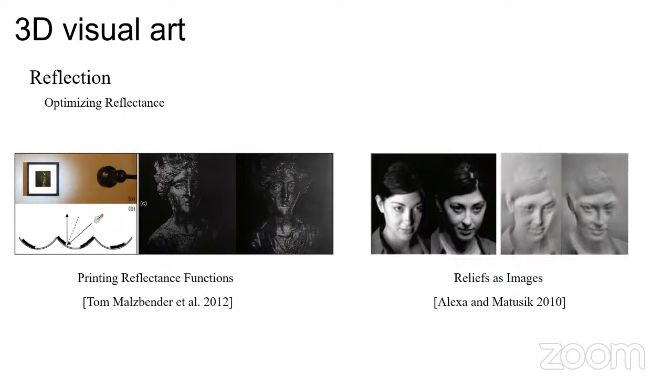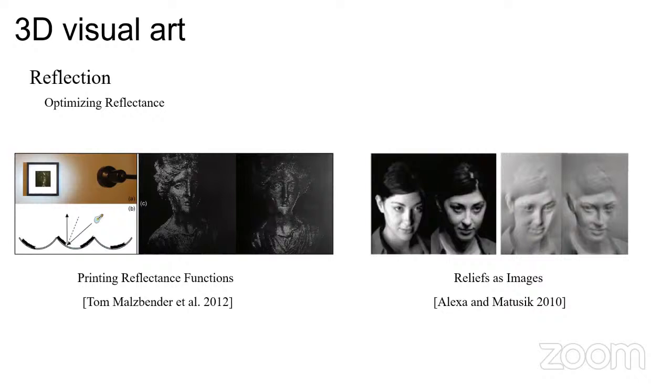Creating reflectance functions shows how to design the reflectance of an object so that patterns on its surface can be seen as a real 3D object under different light conditions. They selectively print ink on the surface to control the highlight part of the surface, while relief as image studied how to hide a second image in bas-relief.